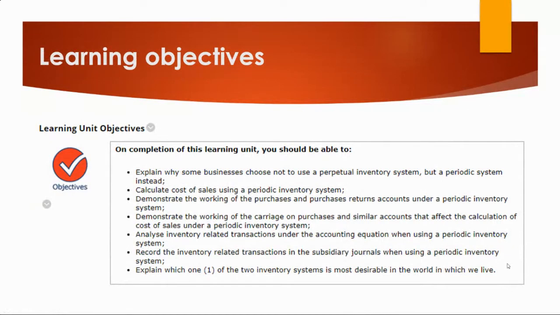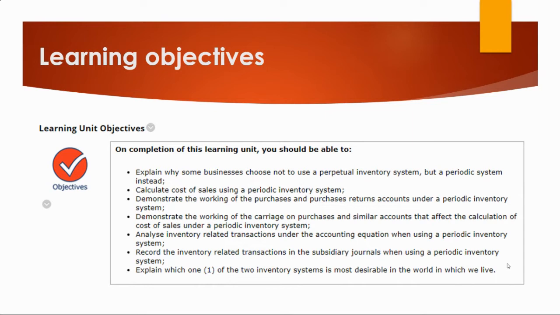So just to quickly discuss what the learning objectives of this learning unit are. You need to be able to explain why a business would choose to use the perpetual inventory system, or not use it, but rather a periodic system instead. Now remember, the main difference between the two is that a perpetual inventory system is just in time, so we know exactly at any point in time what inventory we have on hand, whereas with a periodic system, we only know how much inventory we have on hand once we finish the stock take, normally at the end of the year.